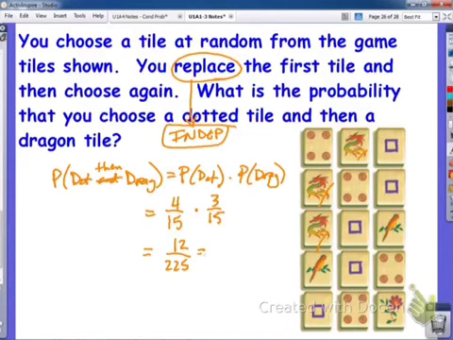Decimal wise. Or just say it's 12 divided by 225.